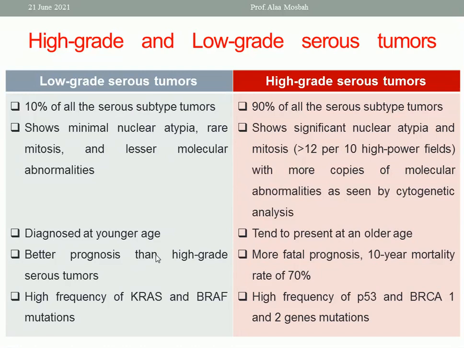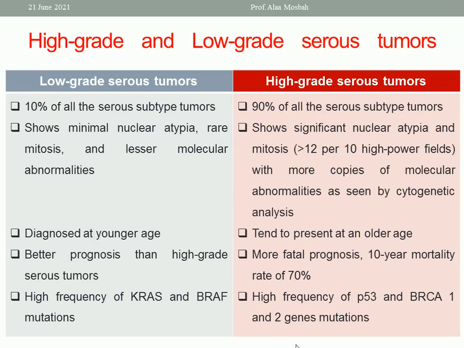mutations. On the other side, high-grade serous tumor constitutes 90% of all the serous subtype tumors, shows significant nuclear atypia and mitosis, with more molecular abnormalities as seen by cytogenetic analysis.